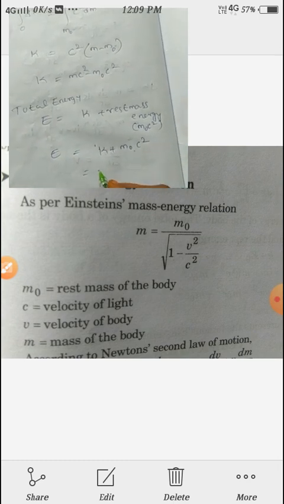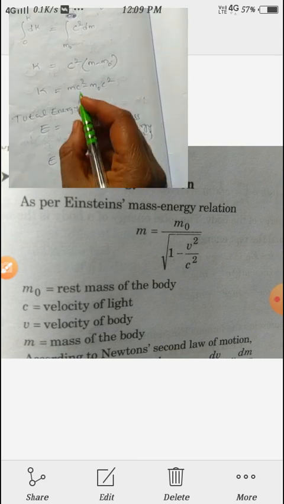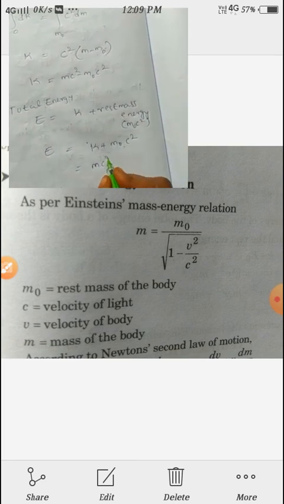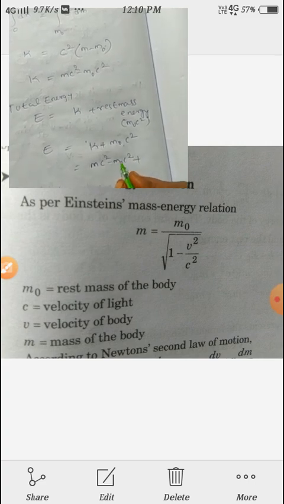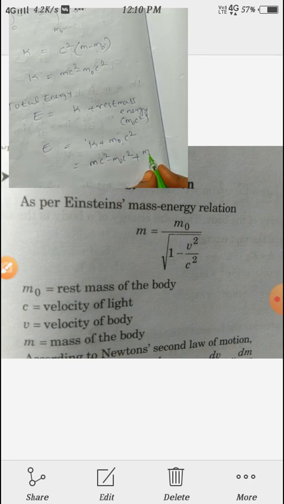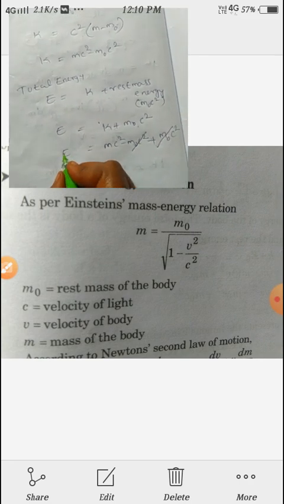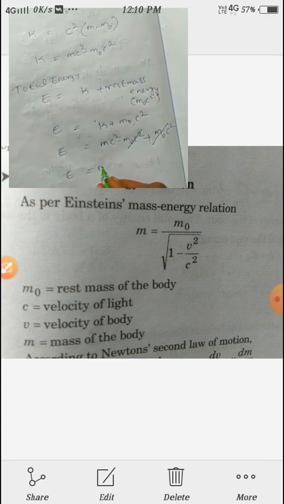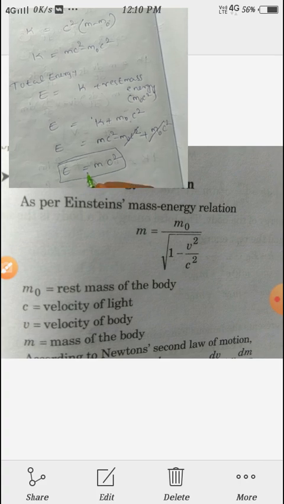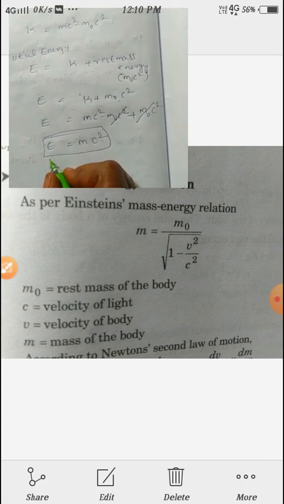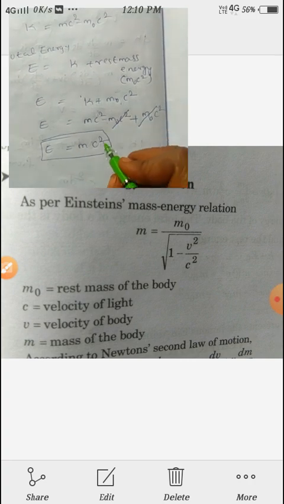We know that k is equal to mc square minus m naught c square, so mc square minus m naught c square plus m naught c square. The minus gets cancelled, and it is equal to mc square. This is the energy mass relation by Einstein, E is equal to mc square.